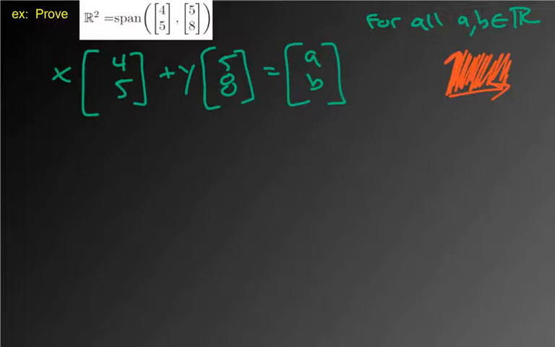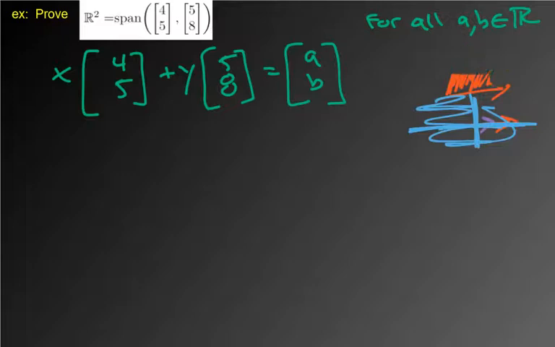Really the only way it's not going to happen is if you have one and then the other is just a scalar multiple of that first one. Then all you're going to be able to span is a line. You wouldn't be able to get out of that and get the 2D part. You would only have 1D. So that's the intuition.